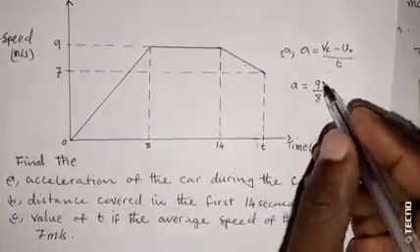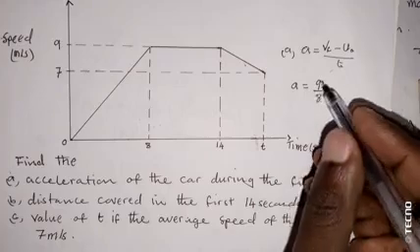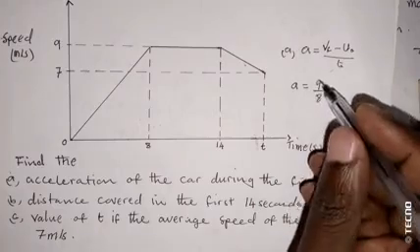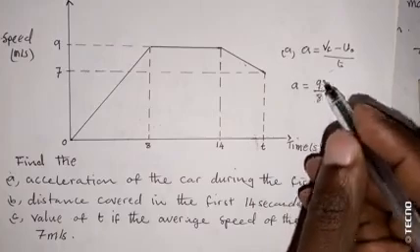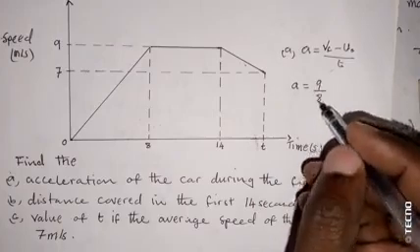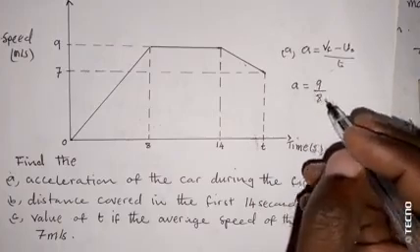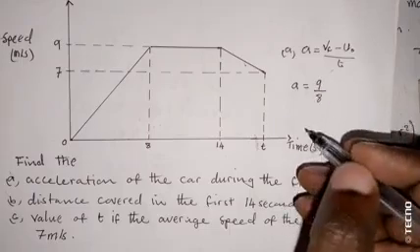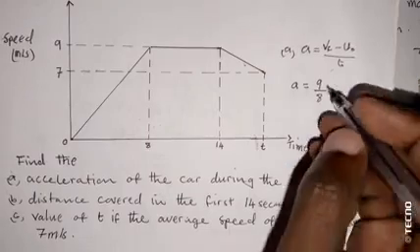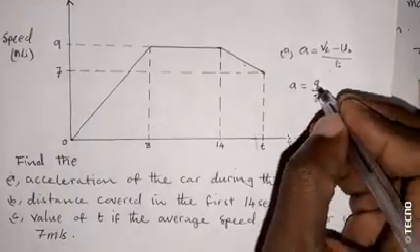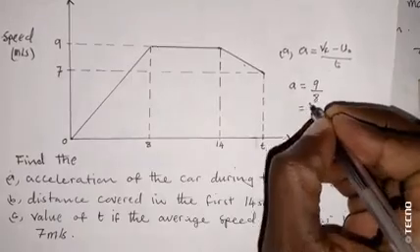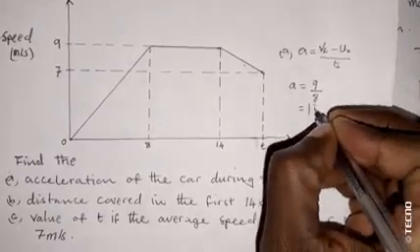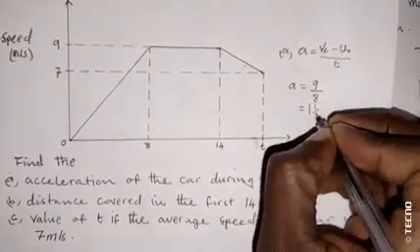Then how many times can 8 go into 9? If I told you you are not sure how many decimals you can leave this answer as, you can leave it as a mixed fraction. 8 goes into 9 once, remainder 1, so 1 and 1 over 8.